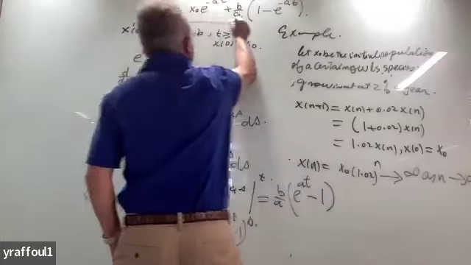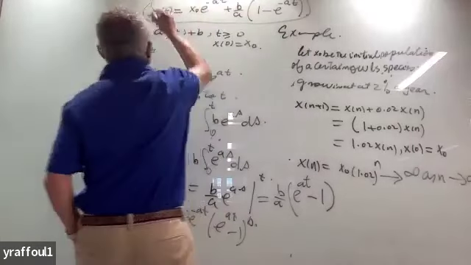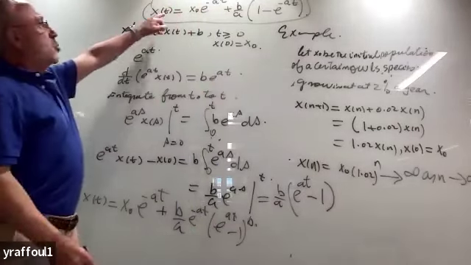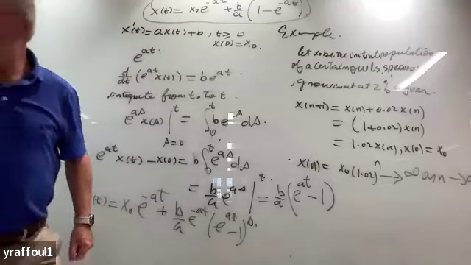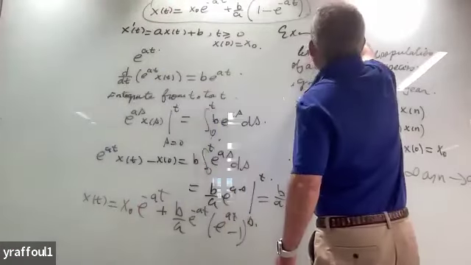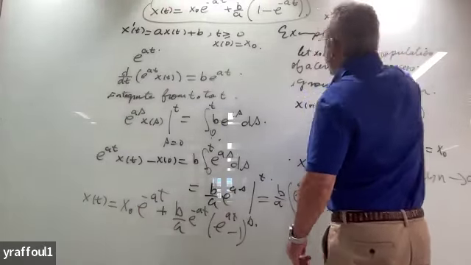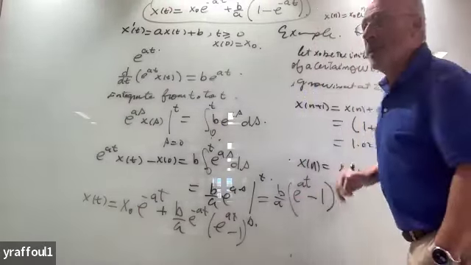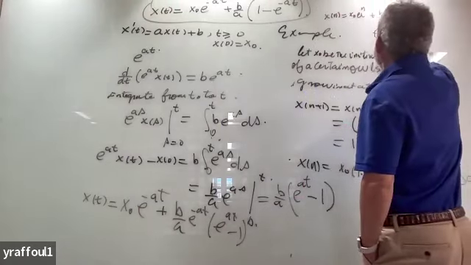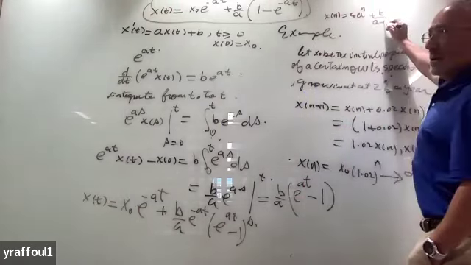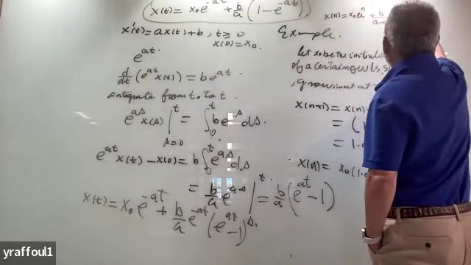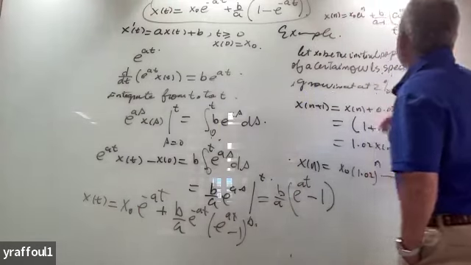So what I need you to look at is the huge difference. Look at this one and look at the other equation: xn equal x naught a to power n plus b over a minus 1 times a to the n minus 1.